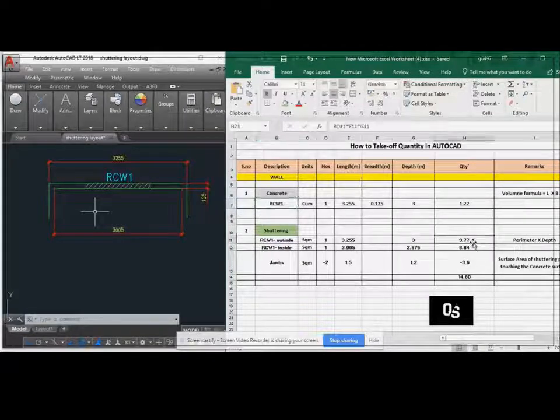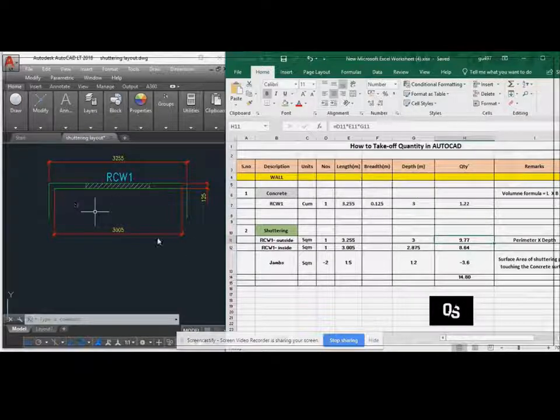So multiply 1 into length into depth, and it comes to 9.77 square meter. Generally shuttering will be calculated as perimeter into depth.